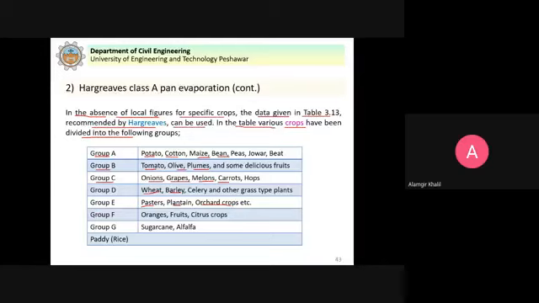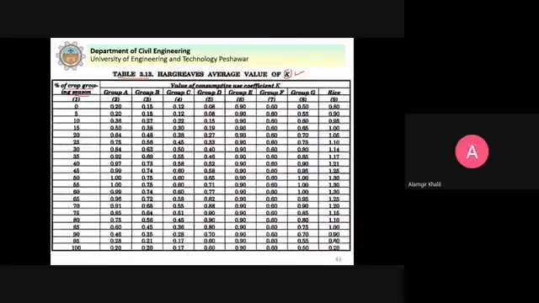These are the different crops. Group F we have oranges, fruits. Group G contains sugar cane, alfalfa, and the 8th group is rice. So different crops are divided into different groups. These are a total of 8 groups, group A, B, C, D, E, F, G, and rice.